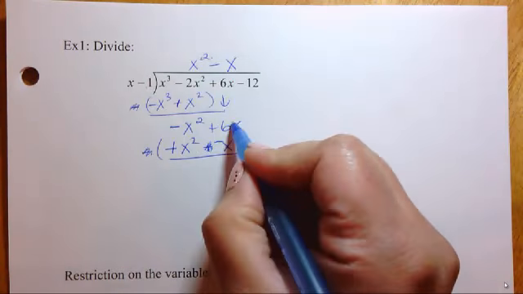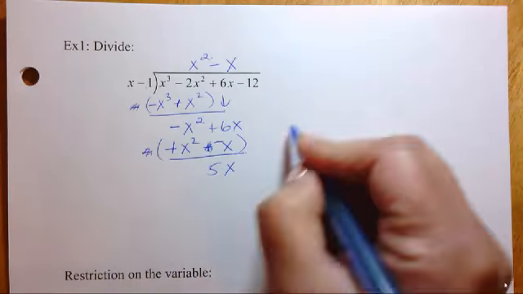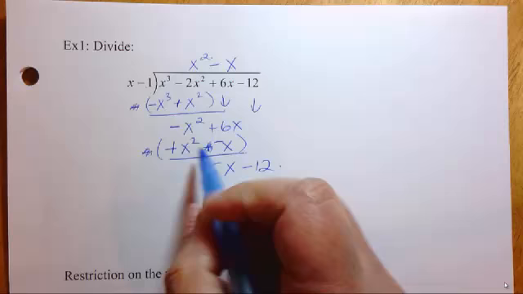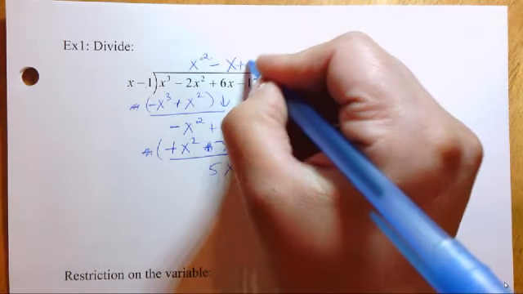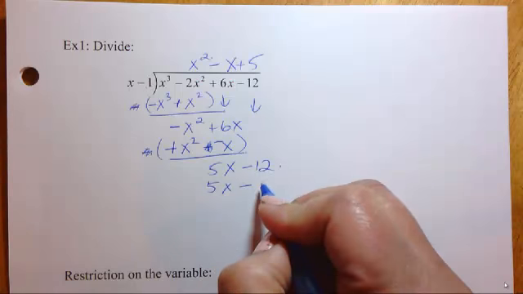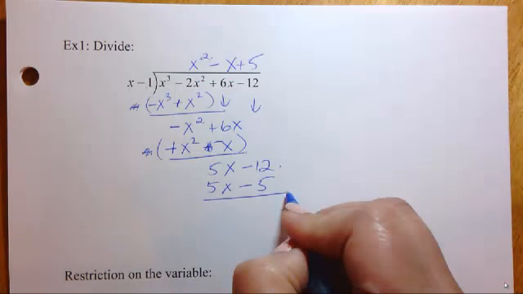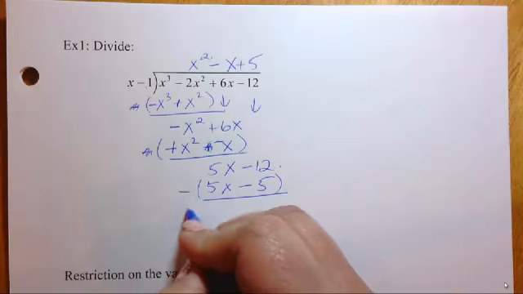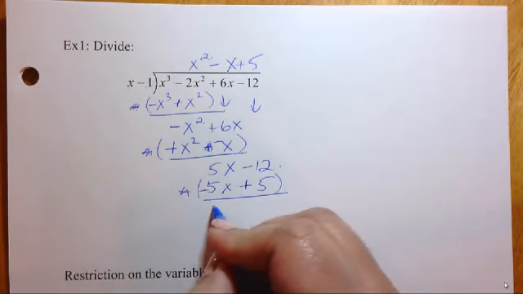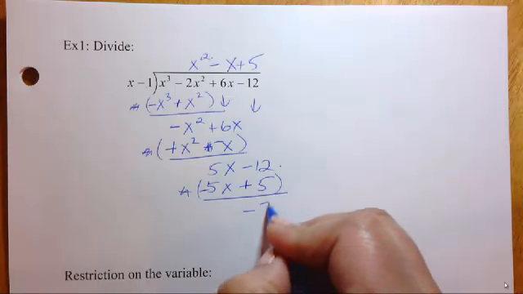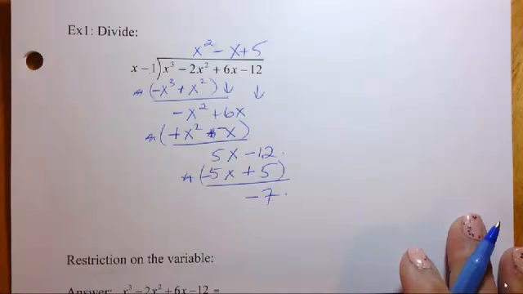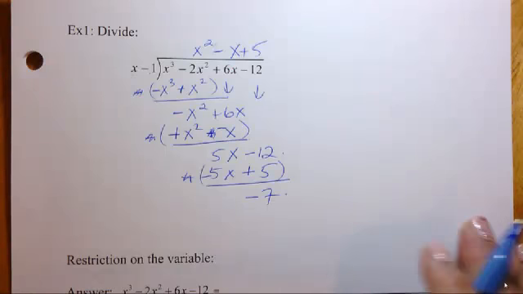This gives you 0x squared. This gives us 5x, and then bring down the negative 12, and this is going to give us a plus 5 here. 5x minus 5, and subtract down. We change the sign and then add, and we get 0x and negative 7. So this means that our remainder is negative 7.